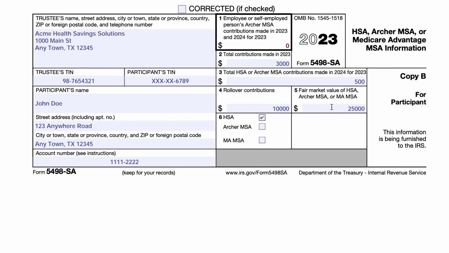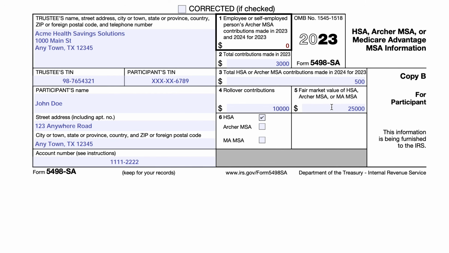So let me just really quickly, I'm looking offline to see if there's any reference in IRS publication 969, which covers health savings accounts and MSAs. So I don't see anything right off the top of my head. So there are a couple of references for people in the case that an HSA ceases to be an HSA.